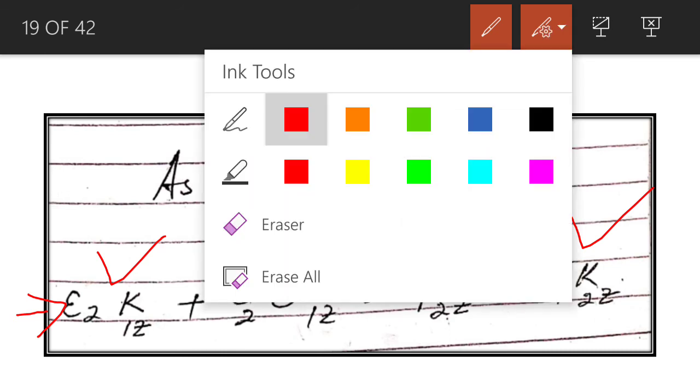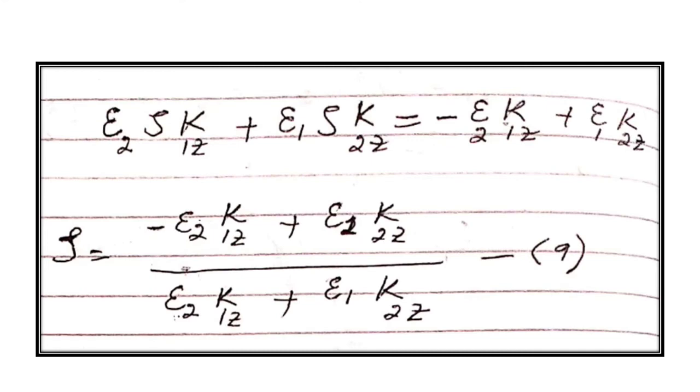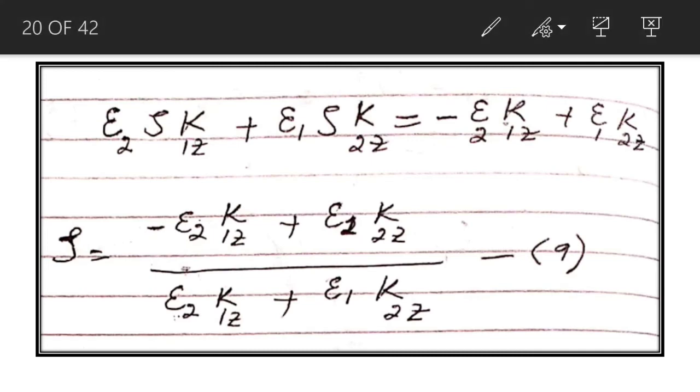And you see, the same equation will be equal to, we have epsilon 2 rho k1z plus epsilon 1 rho k2z, which is equal to minus epsilon 2 k1z plus epsilon 1 k2z, and we find out the reflection coefficient from this equation.